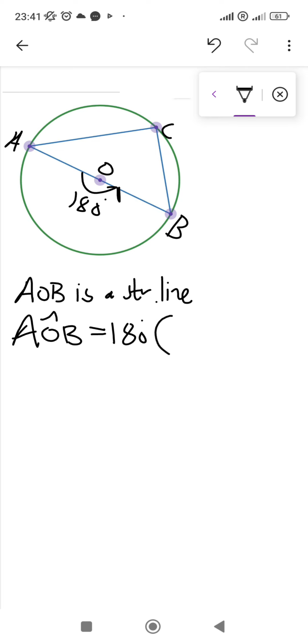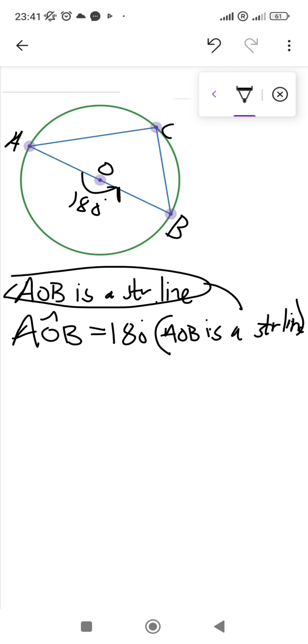The reason for that 180 degrees is AOB is a straight line. That is the statement over here. I just put it in our brackets over there. AOB is a straight line.